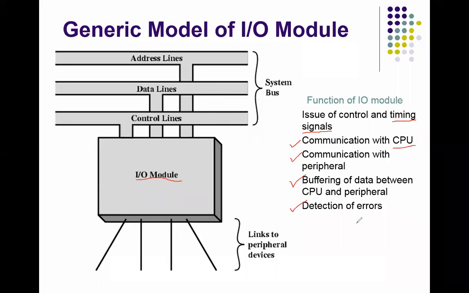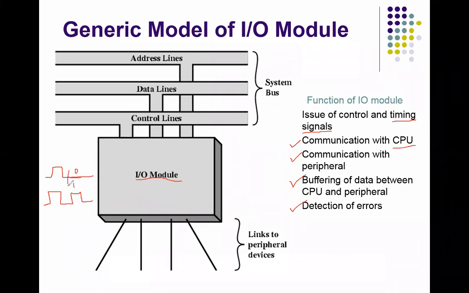Another one is detection of errors. We have to detect errors. Even if your data is moving over a very small distance, an error may occur. Your signal is like this, but because of a high electric voltage line, energy is added here, and instead of zero it becomes one.